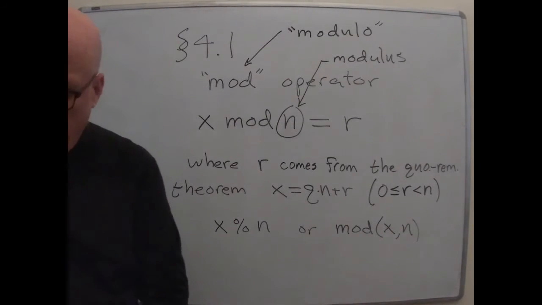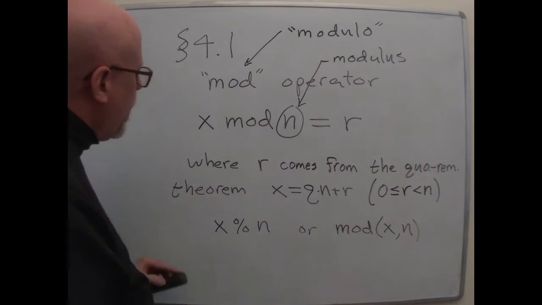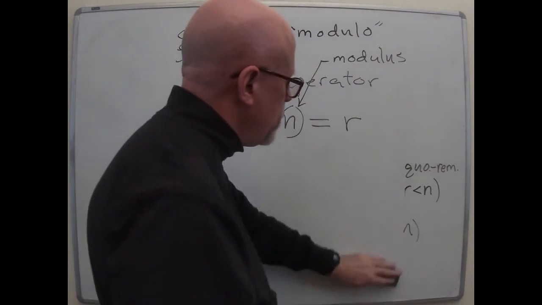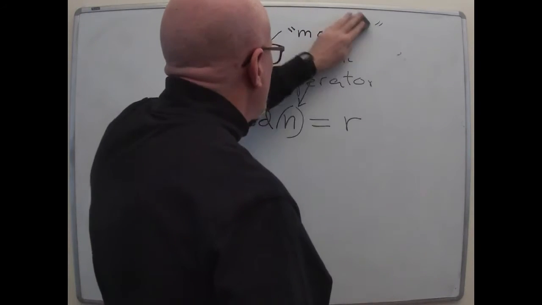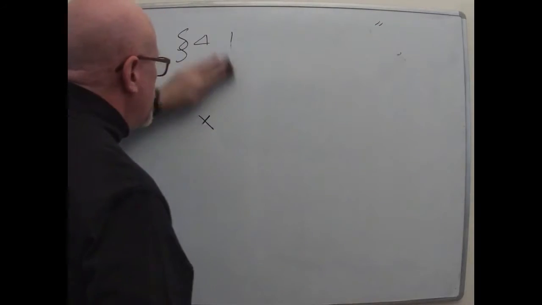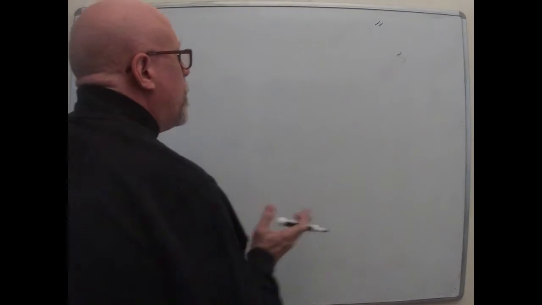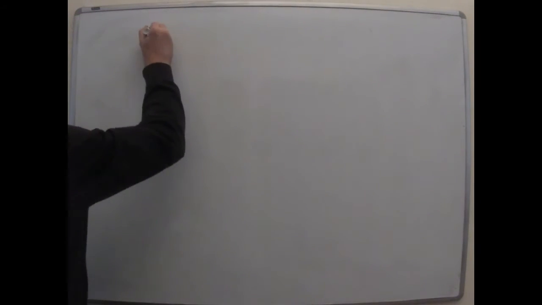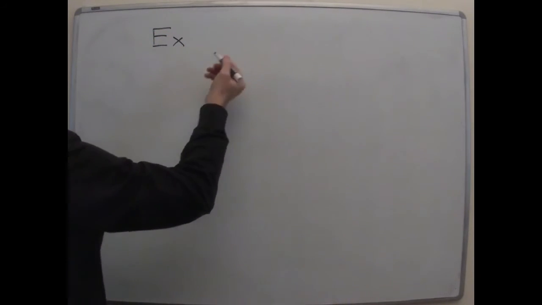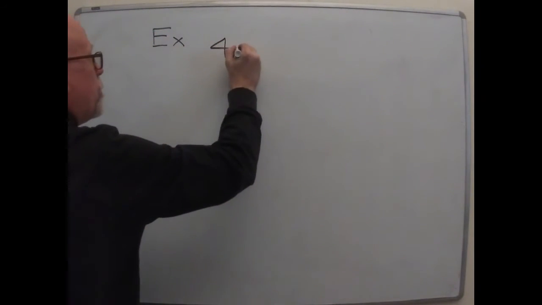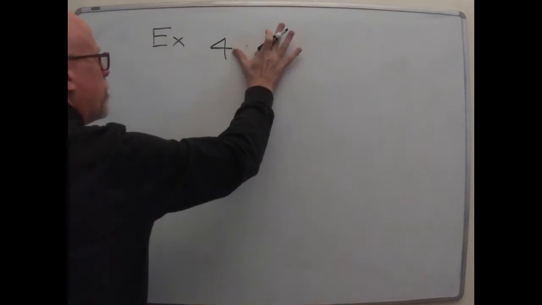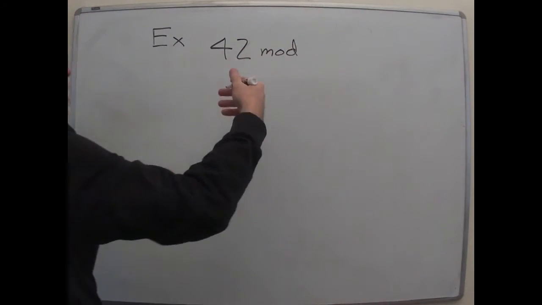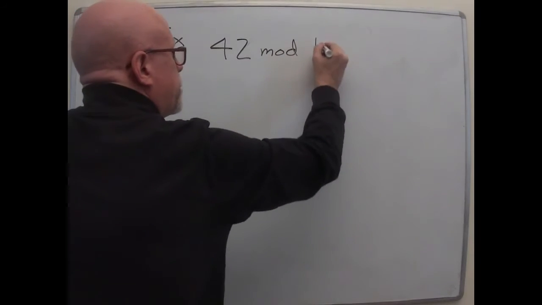Let's do a quick example or two. I think many of us have seen this before. Most people's Math 250 course would have had some treatment of the mod operator, but let's do an example. How about 42 mod 13?